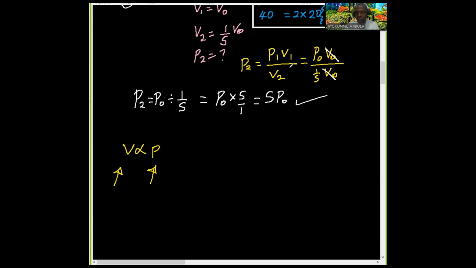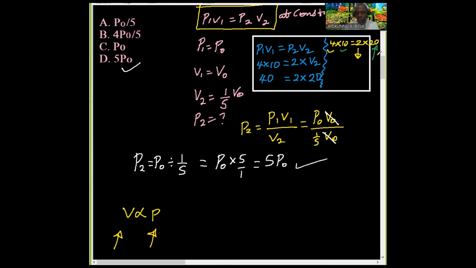Volume of the given mass of gas is directly proportional to its pressure. Okay, if volume is directly proportional to pressure, it means as volume goes up, pressure should go up also. But in our experiment here, we observe that as volume is going up to 20, pressure reduced from 4 to 2, right?